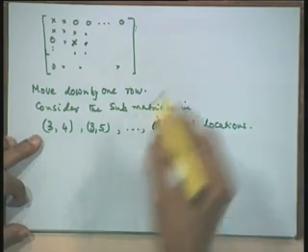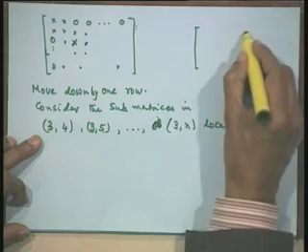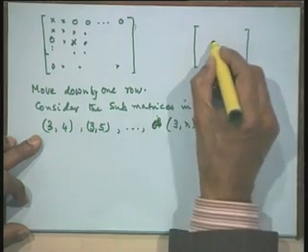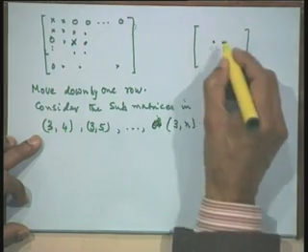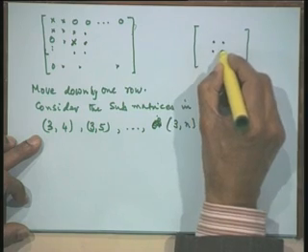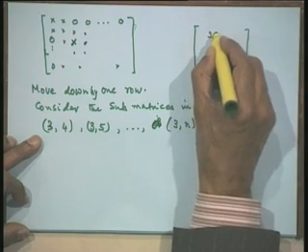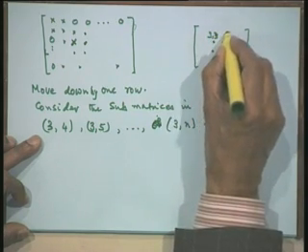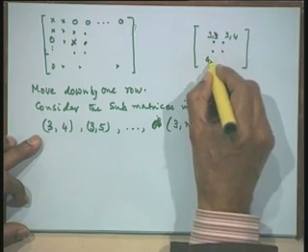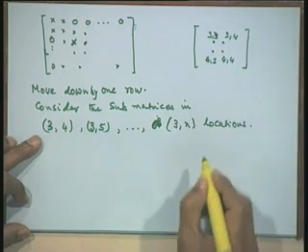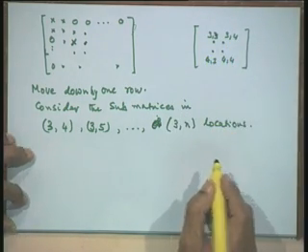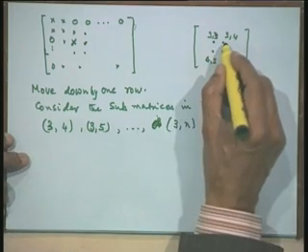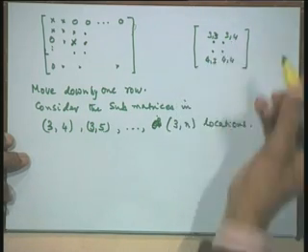That means, when we are talking of 3 4, we are talking of your third pivot 3 3, this is your 3 4 and this is your 4 3. So, 3 3 location, 3 4 location, 4 3 location, 4 4 location. Set the element above this as 0 and find theta.